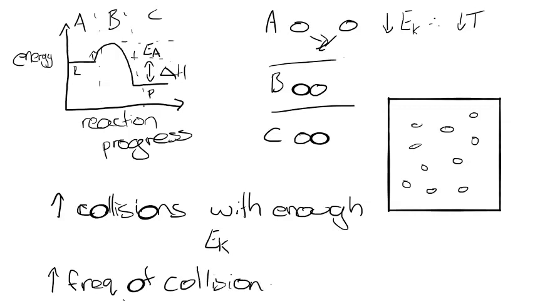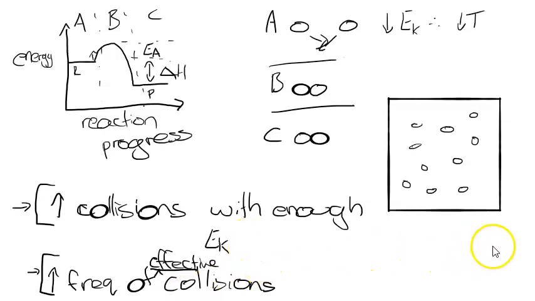So this is slightly different to concentration and surface area, where concentration and surface area only increase the frequency of collisions, or the frequency of effective collisions. It's important to include the word effective, because if we're just increasing the frequency of collisions but none of them are effective, then we're not actually going to be increasing the rate of reaction. So this was surface area and concentration, and now we're introducing temperature as well. So temperature affects both of those things.